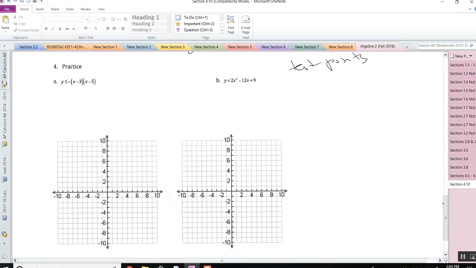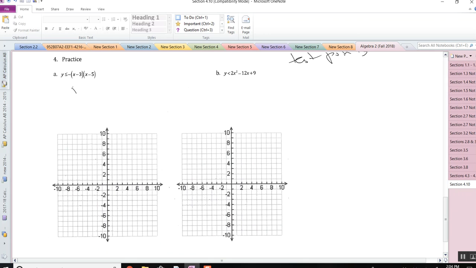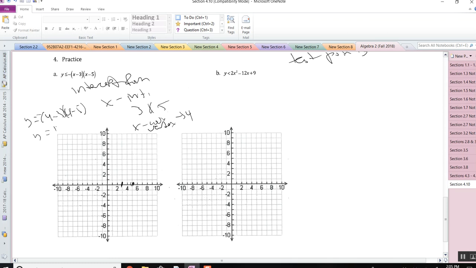So we'll do a couple more for practice. So in this case, this is intercept form. So our x-intercepts are going to be 3 and 5. The vertex, if you just use a little intuition, is going to be 4 because it's halfway between. And if you were to plug in 4 for x, with a negative on the outside, remember that, I think you get 1.